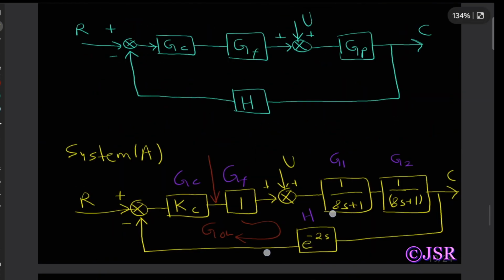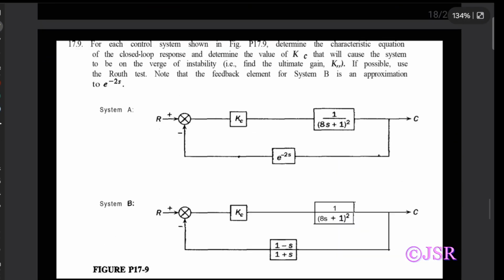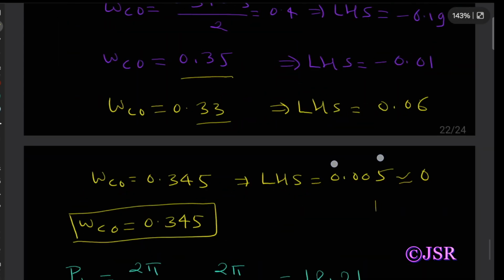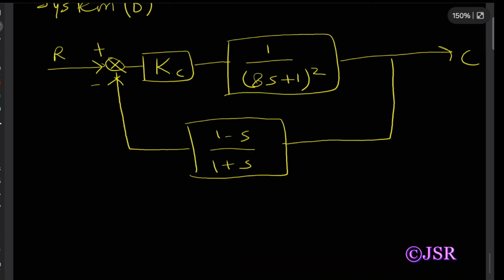So if you see here in this problem, for system B we have Kc, the process is 1 upon (8s plus 1) whole square, and the delay approximation is (1 minus s) upon (1 plus s). So using this we will find out the open loop transfer function.